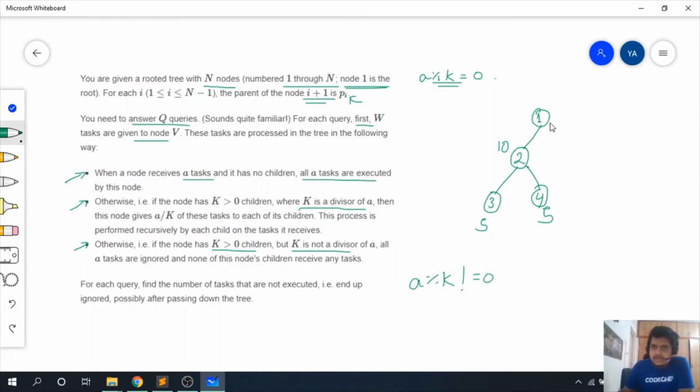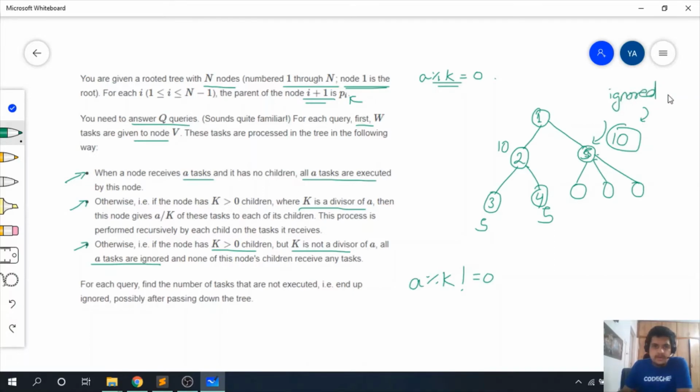So let us consider that node 5 gets 10 tasks, and as it has 3 children and 10 is not divisible by 3, then all the A tasks are ignored and none of this node's children receive any tasks. So all 10 tasks are ignored.